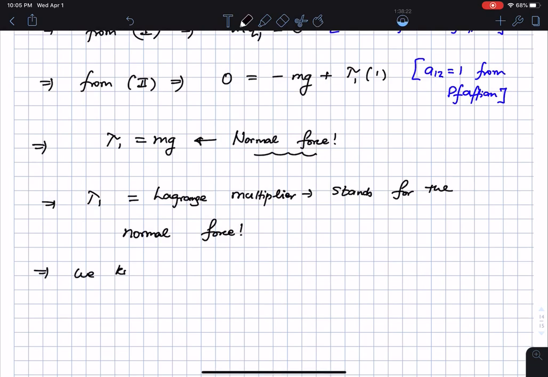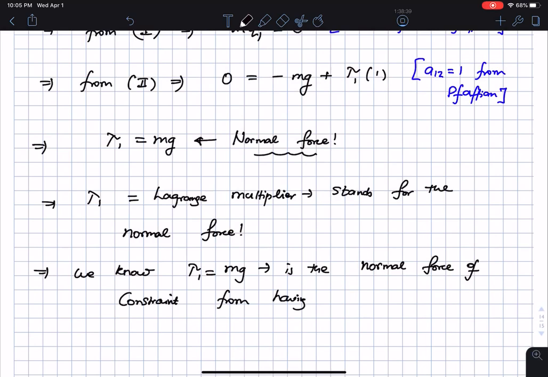We know that lambda 1 is equal to m g is the normal force of constraint, having obtained N is equal to m g from Newton's laws earlier.